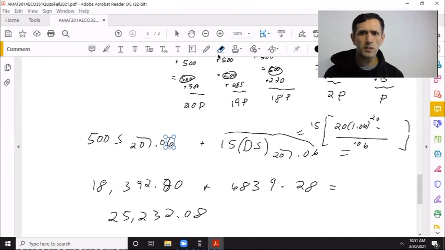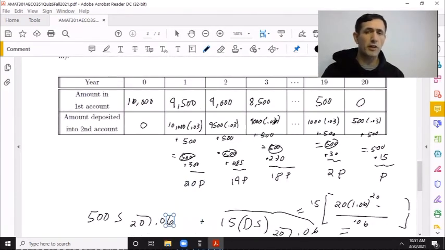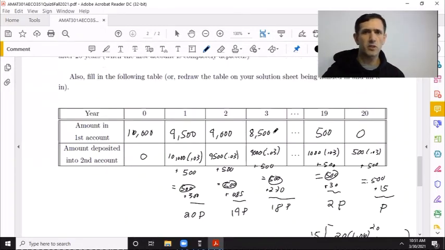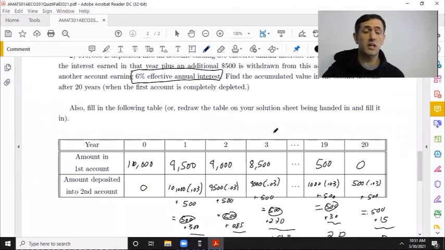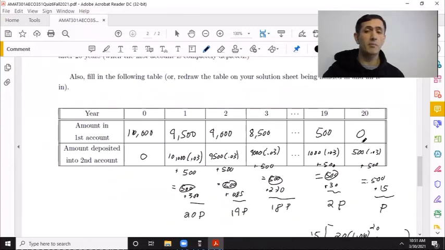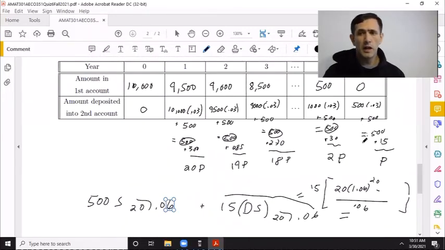So I want to mention some people literally added up with interest all these numbers here, which is technically correct. But if I made this something like monthly instead of yearly, and let's say there was 20 years, so that would be 240 months. I don't think you want to add up 240 numbers.